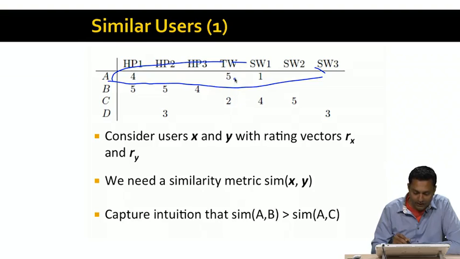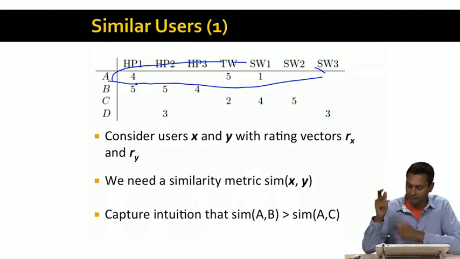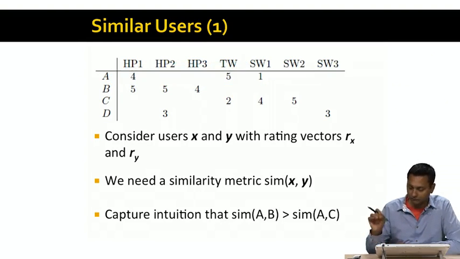A seems to like Twilight, while C doesn't like it, while A hates Star Wars 1, while C loves it. So intuitively, users A and C are dissimilar, while users A and B are similar. And so we'd like to capture this intuition when we define the notion of similarity. We'd like the similarity of AB to be higher than the similarity of AC. Let's see how to do this.